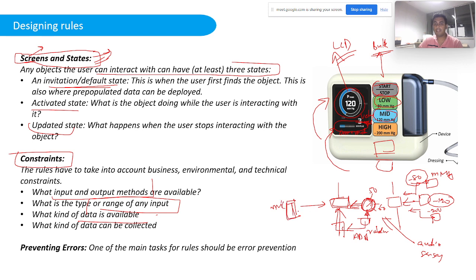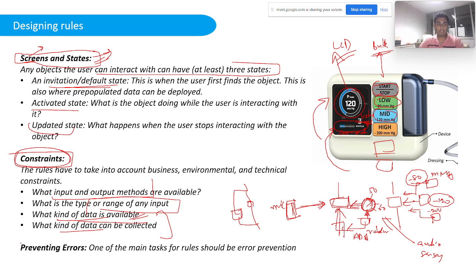Now, based on the mic, you want to determine the pressure level. So how you can collect that data and how you can use that data, your algorithmic logic, the flow, will change actually. Those are the constraints you need to consider when you are designing rules.